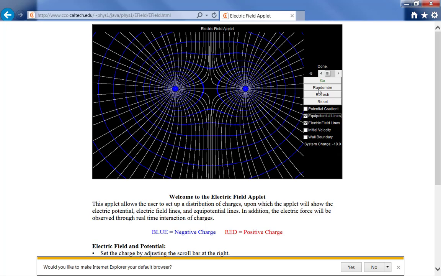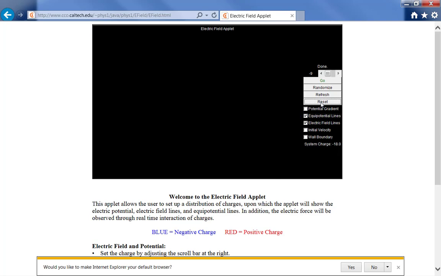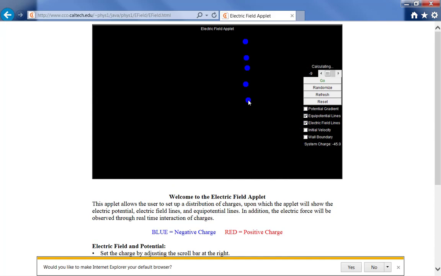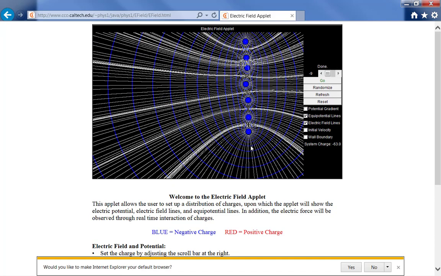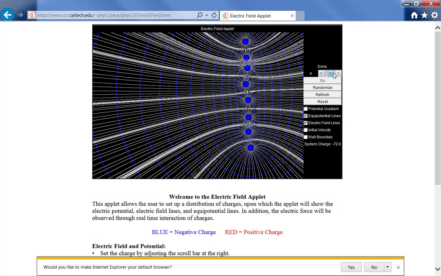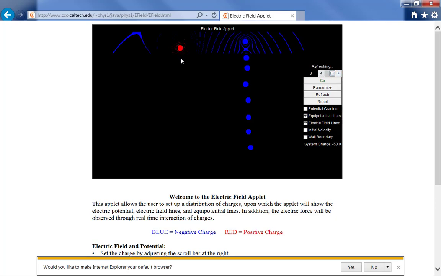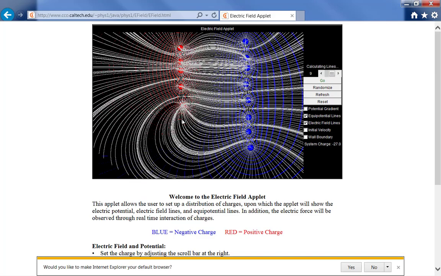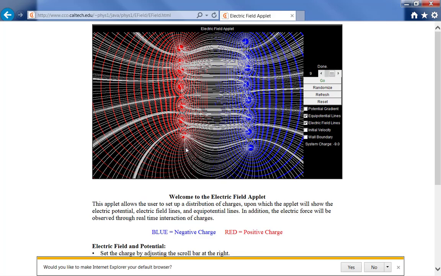I can do this for any number of charges. Let's look at one that is kind of near and dear to what we've been doing. If I look at a line of charges, it gets kind of messy. So there's my line of negative charges, and if I put next to it a line of positive charges, look at how messy this is getting.